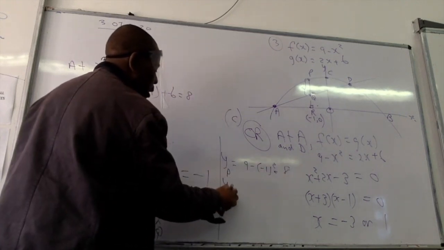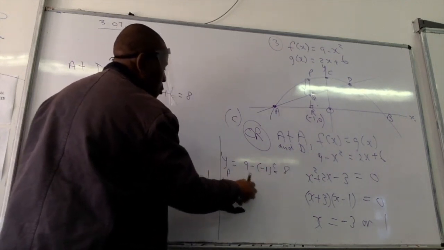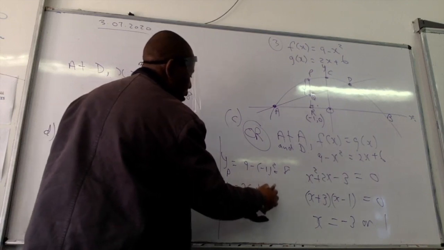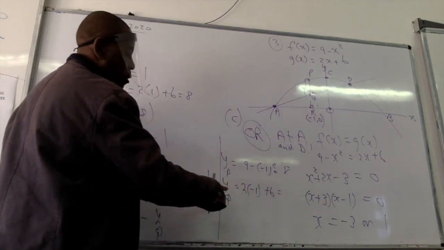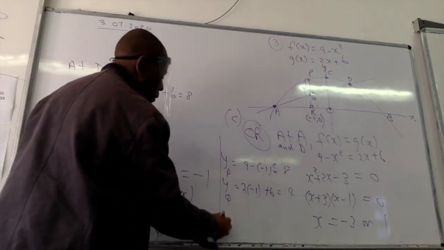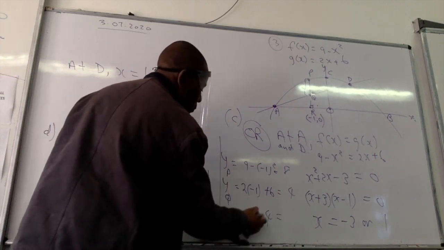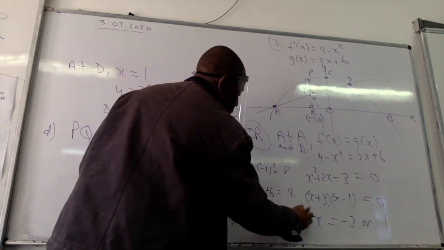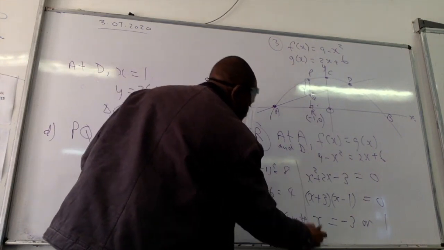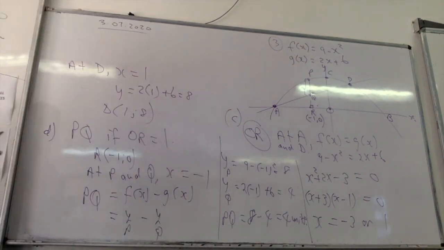Then the y value at Q is equal to 2 times -1 plus 6, which is 4. Therefore, the distance PQ should be 8 minus 4, which is equal to 4 units. Okay. Right. Well done.